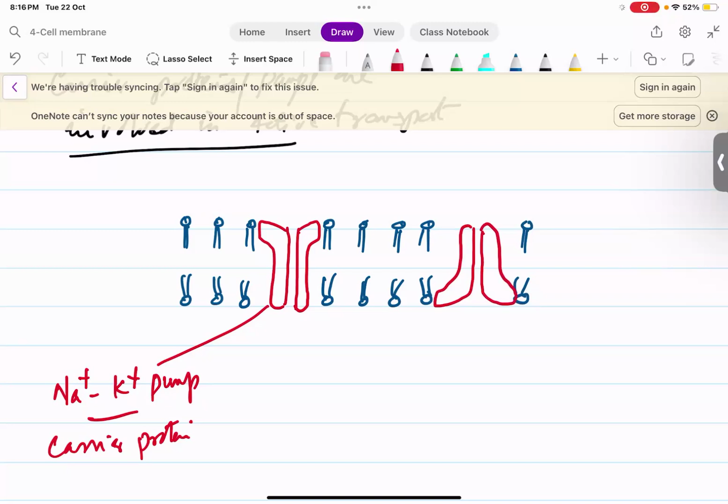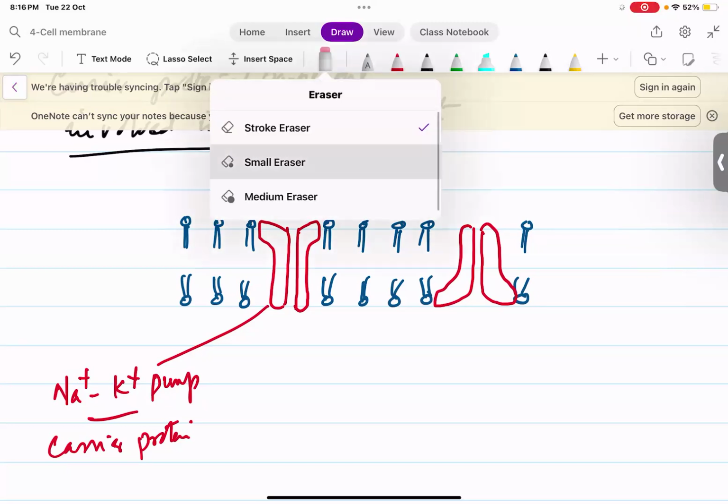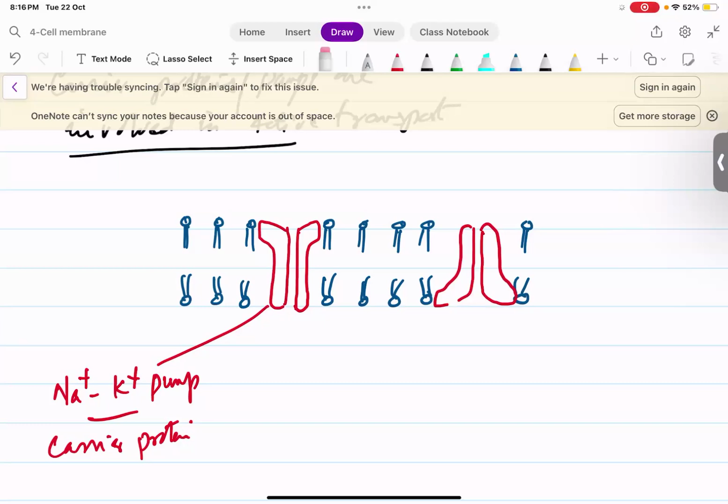You can see this is the same carrier protein, sodium potassium pump, but you see there is a difference in the shape at the different time. It has binding site here for 3 sodium ions. Okay. So 3 sodium ions can bind here on the inner side of this carrier protein. So this is 3 sodium ions. Okay.